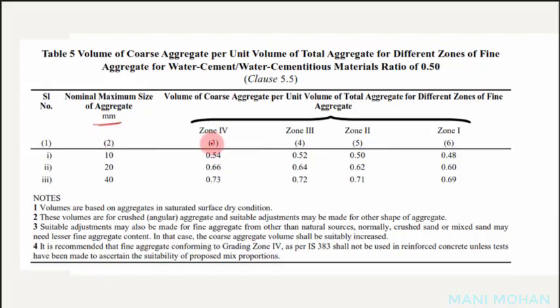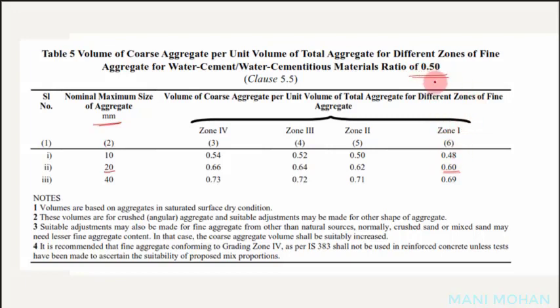For the mix design which we are doing, the maximum size of aggregate is how much? It is 20 mm. And to what zone does the fine aggregate conform? It conforms to zone 1. So here you see the volume fraction of coarse aggregate has to be 0.6, but 0.6 is valid for a water cement ratio of 0.5.